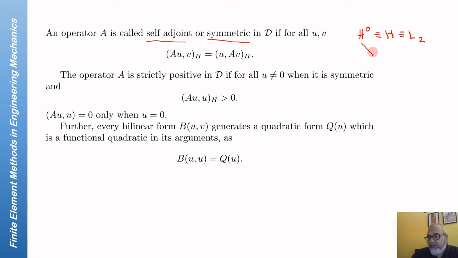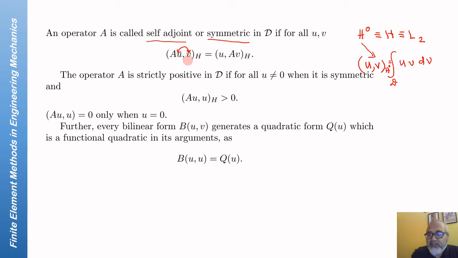Remember, the inner product defined here is the integral of UV dV in D, the H0 inner product between U and V. So if reversing this order doesn't matter to the inner product, then you have a self-adjoint operator.